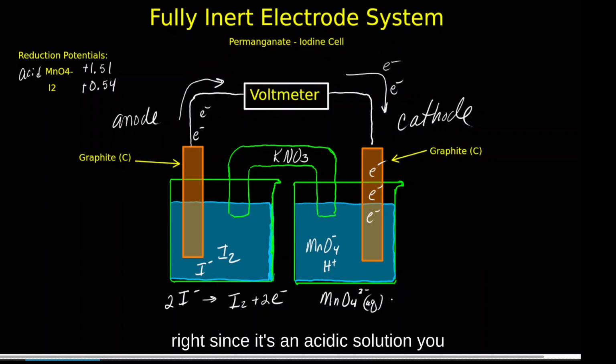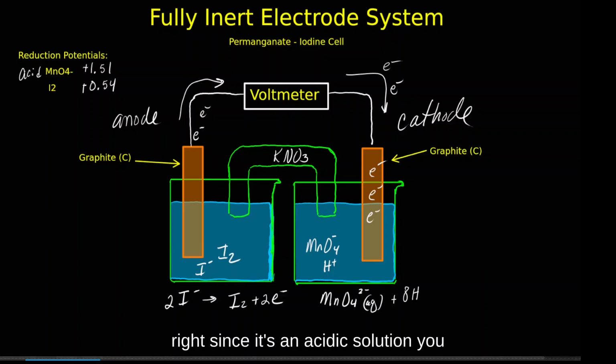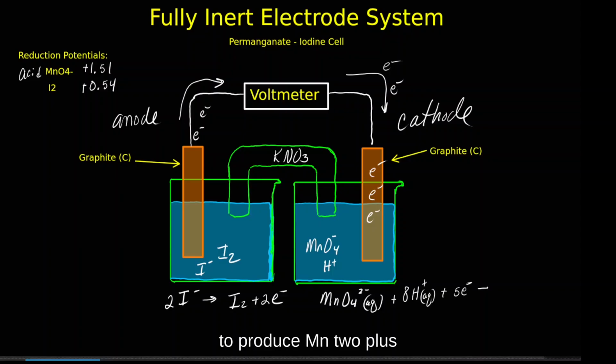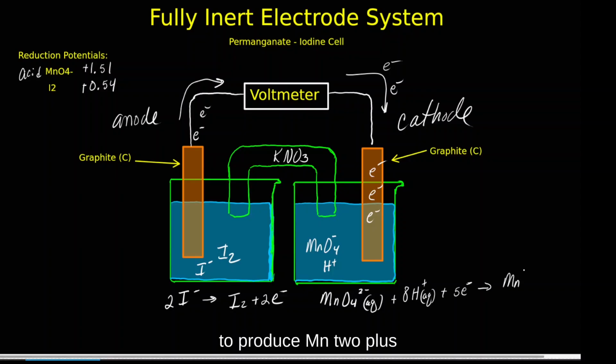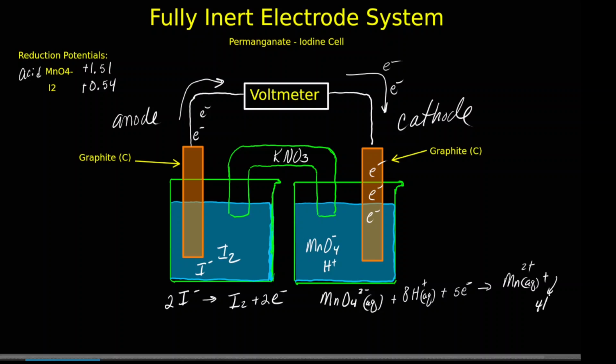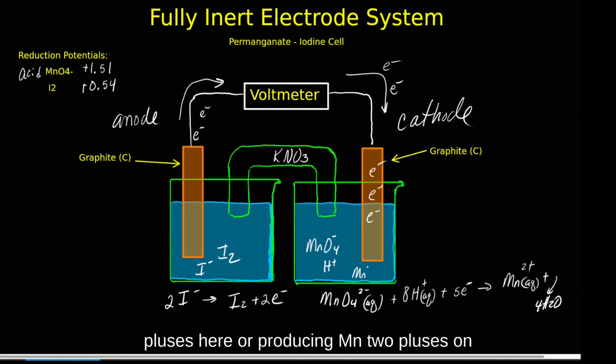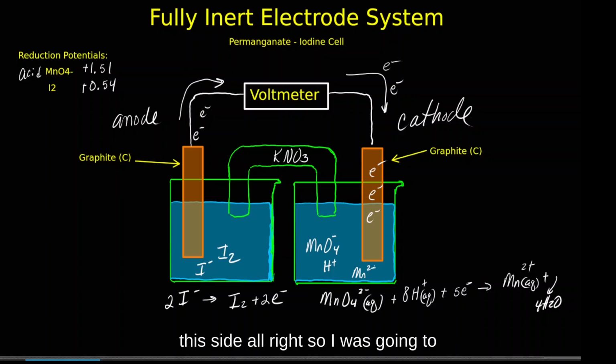Since it's an acidic solution, you require 8 H pluses plus 5 electrons to produce Mn2 plus and 4 waters. So it's going to be producing Mn2 pluses on this side.